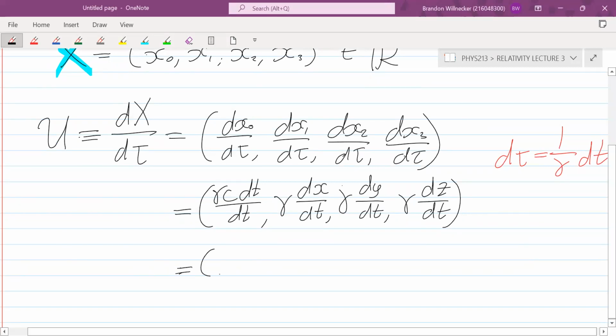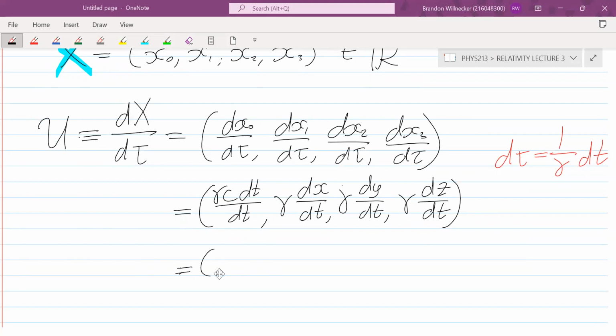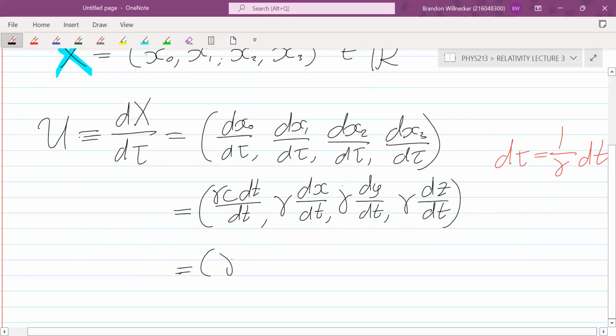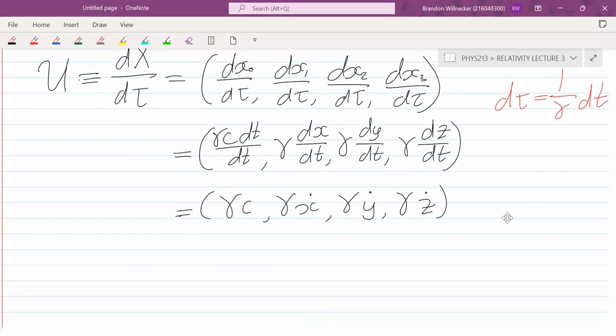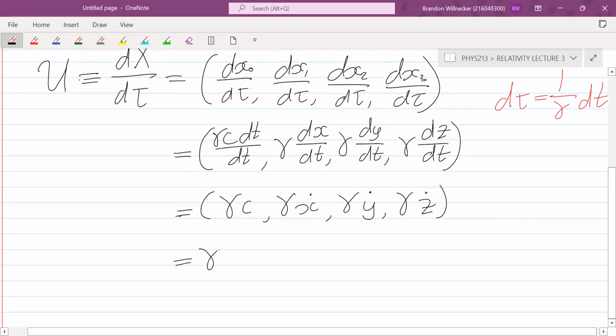So for the first entry, dt by dt, that's just 1. So we end up with gamma c. Next, we end up with gamma x dot, gamma y dot, gamma z dot. Now we've got gammas throughout. We can treat this like a vector and take the gamma outside. So we can write this as gamma (c, x dot, y dot, z dot).